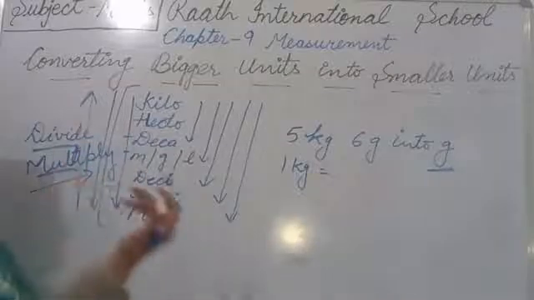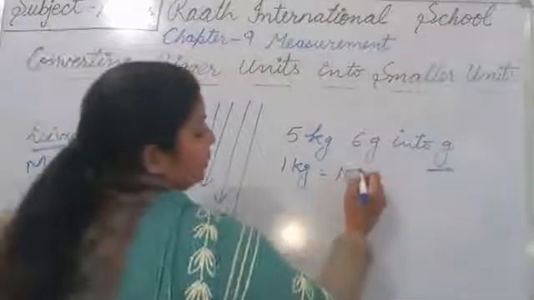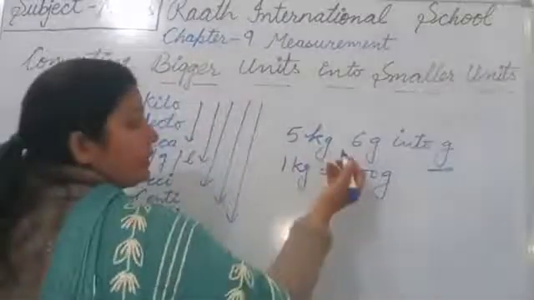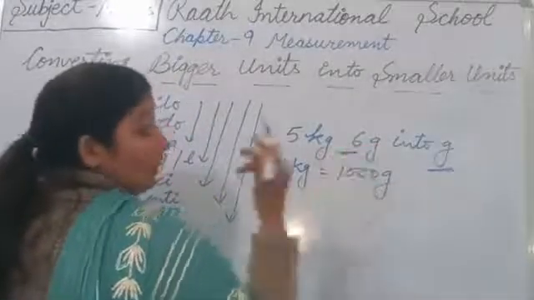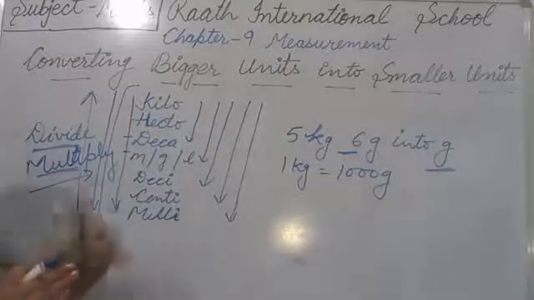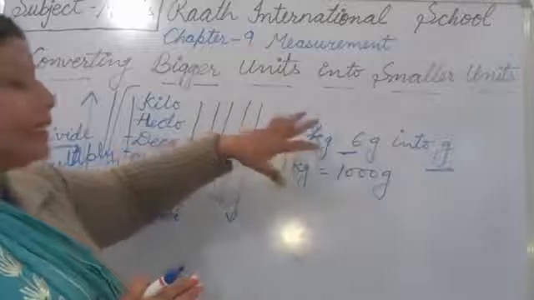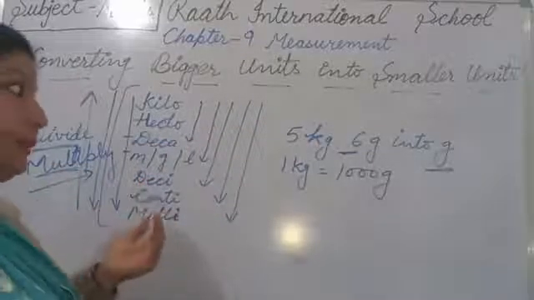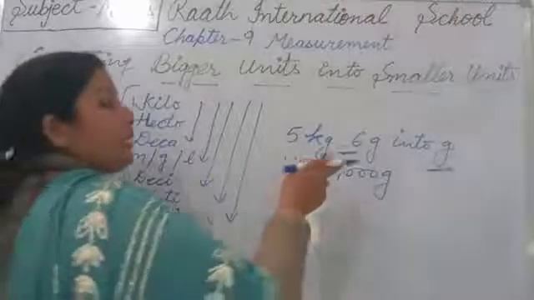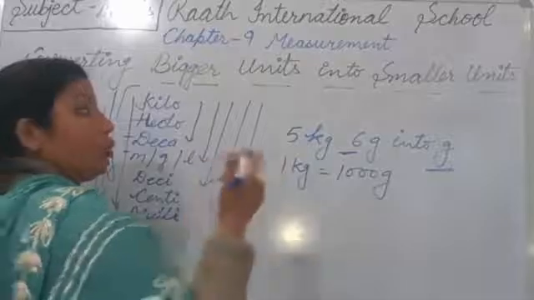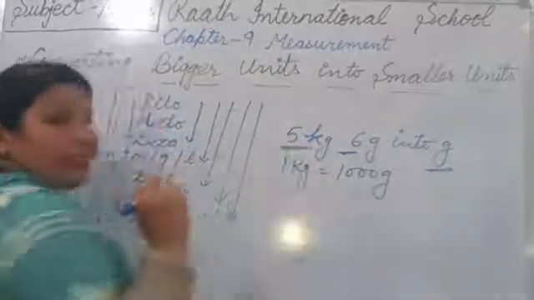That means the relationship of 1000. Now 5 kg and 6 gram. 6 is already in gram. In division, whatever is already converted we write as it is, and what is not converted we divide. Here also we do the same: what is already converted, in gram, we add, and what is not converted we multiply.